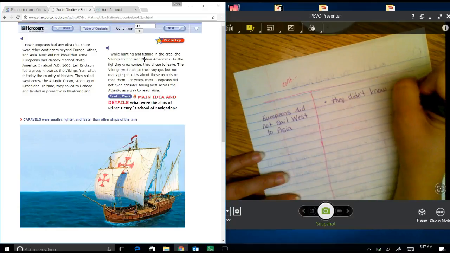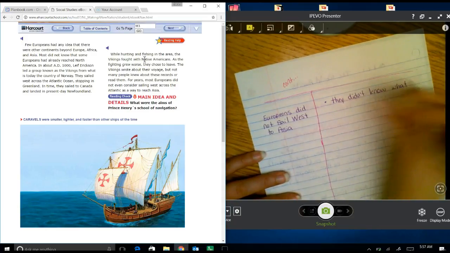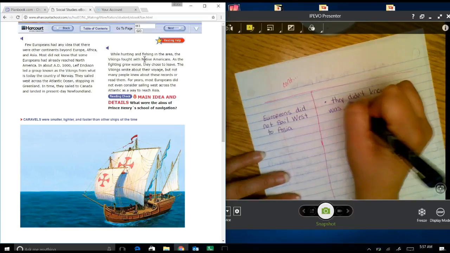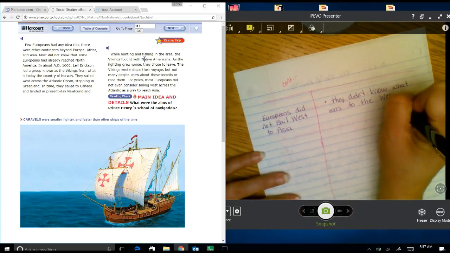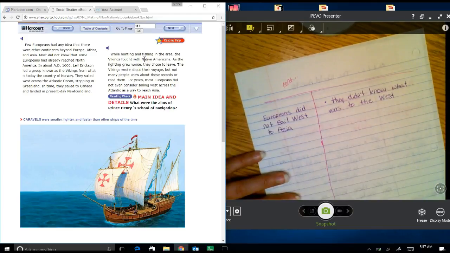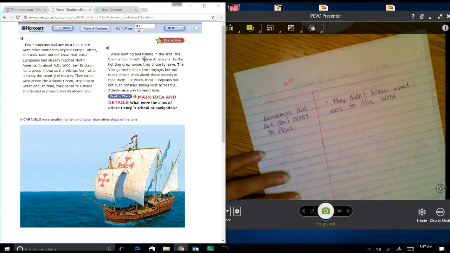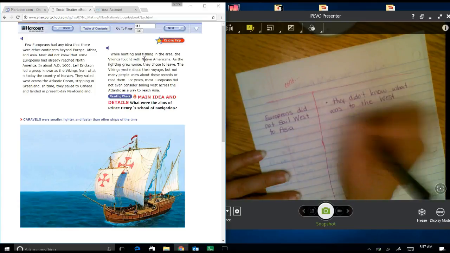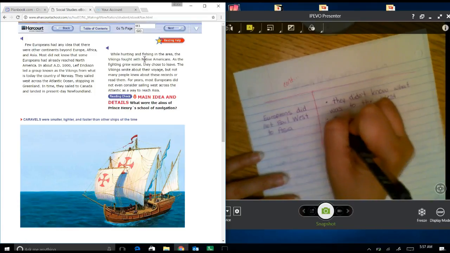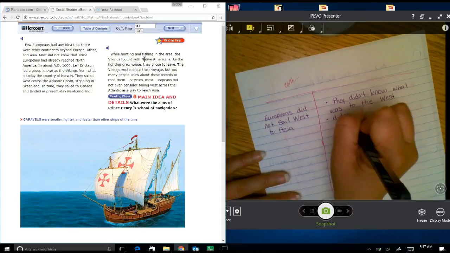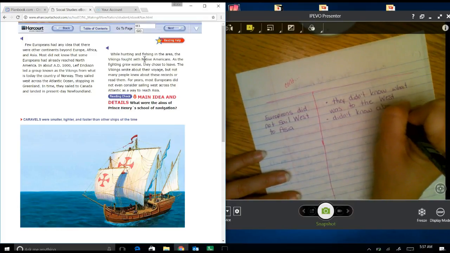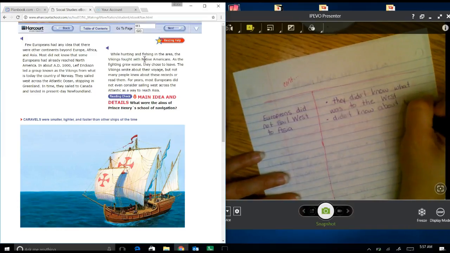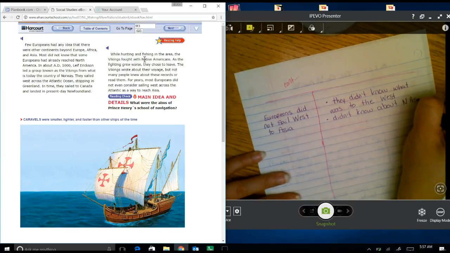So they didn't know what was to the west. Some people didn't believe that you'd be able to get there going west, so they didn't even try. Okay, they didn't know about North America.